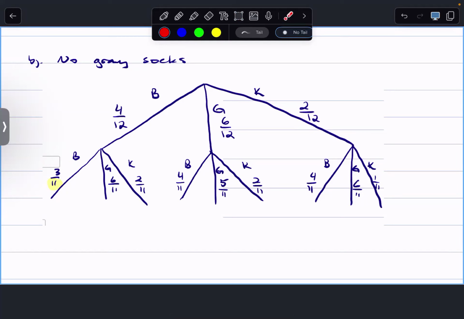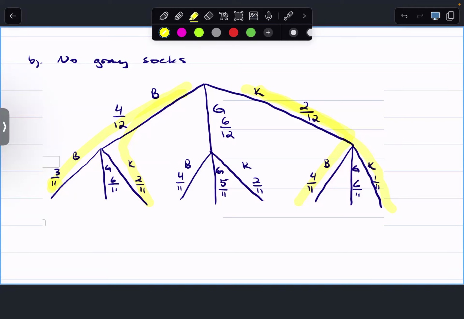No gray socks. That's going to be this branch or this branch. If I pick a gray sock first, then it doesn't qualify. So then I move on, or this branch or this branch, right?